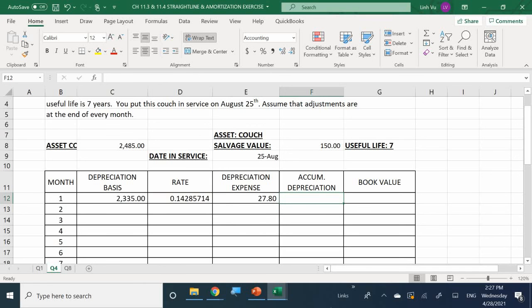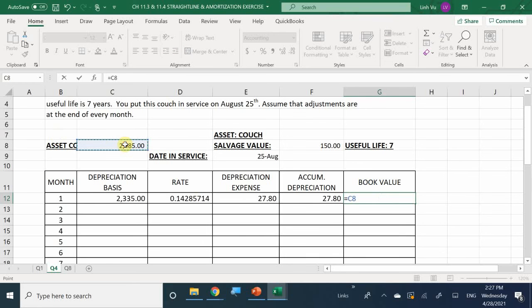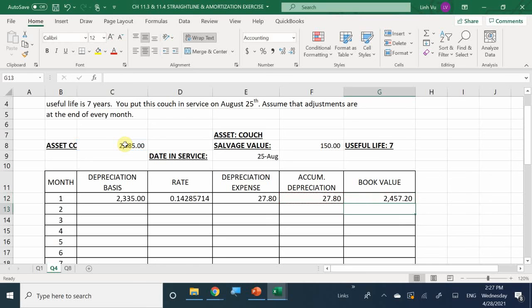Okay? So once again, what's my accumulated depreciation? And therefore, what is going to be my book value? $2,307.20. Okay. 457.20.